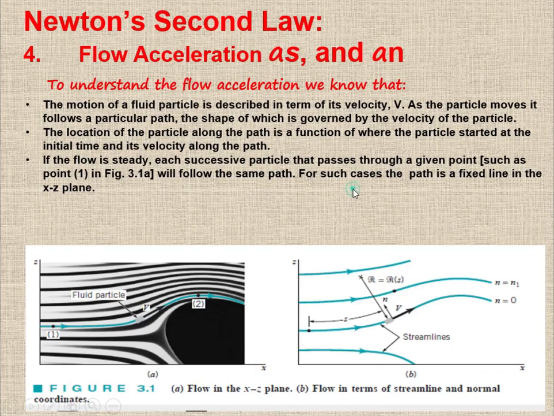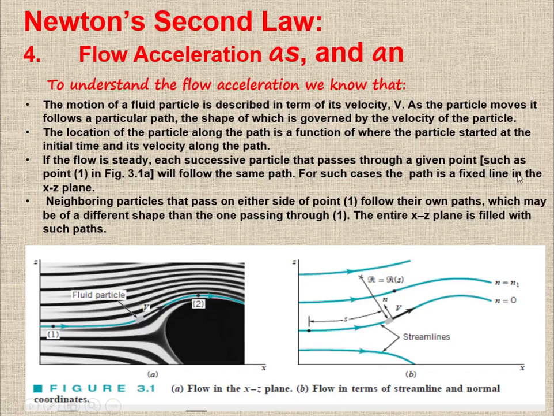For such cases the path is a fixed line in the xz plane. This is our xz plane, this is point 1, and the fluid particle, in the case of steady state, is moving in one single path. Neighboring particles, the other particles which are above it and pass on either side of point 1, follow their own path, which may be of a different shape than the one passing through point 1.